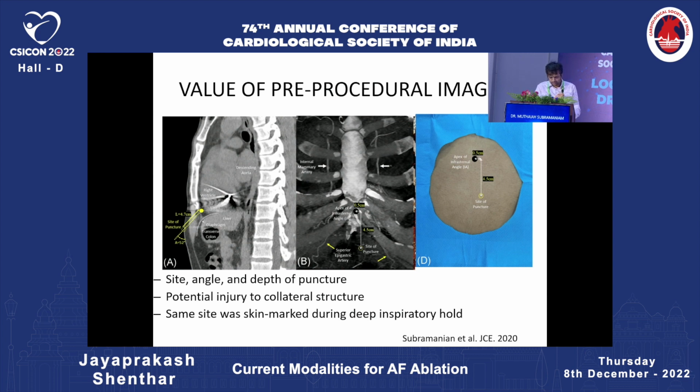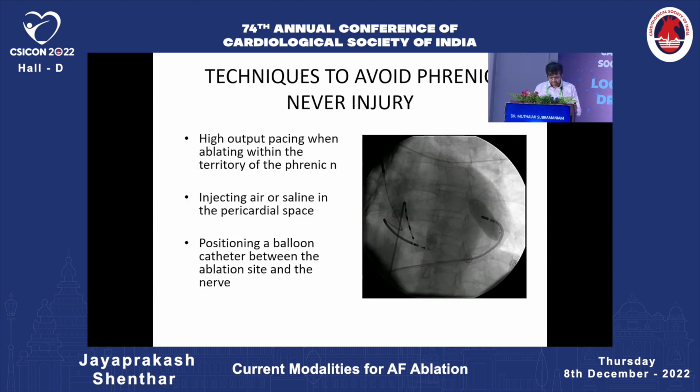So we tried to simulate what would be the best route for access in each of these patients by doing a pre-procedural CT that defined at what angle and site we were supposed to enter the epicardial space. I'll show you in the next slide.